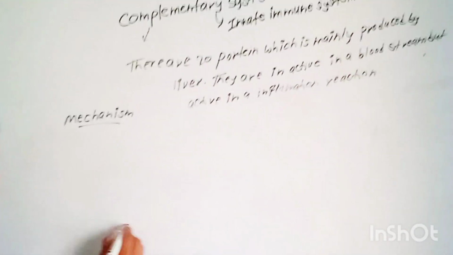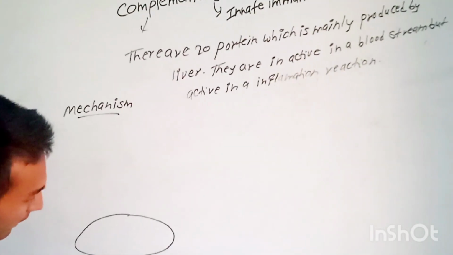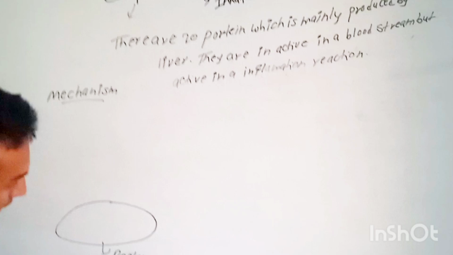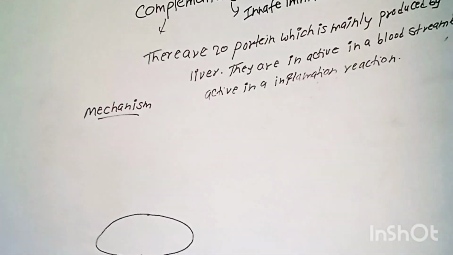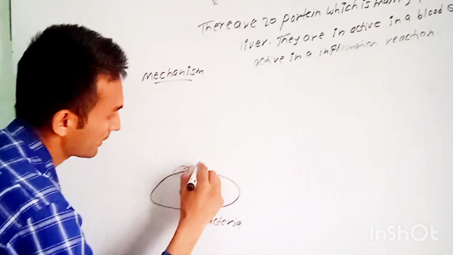Then we'll discuss the mechanism. Suppose there is one bacteria, and on its surface there is an antigen.